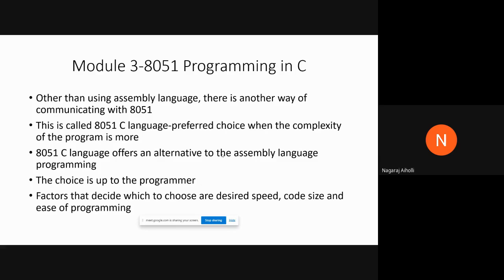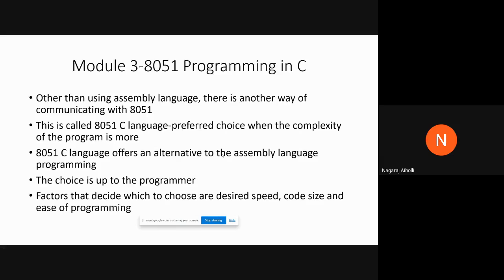There are two options here: one, to write the program in assembly language, or the other, to write the program in 8051 C language. So this is another way of interacting with the 8051 microcontroller. One way is to use assembly language, and the second method to interact with the microcontroller is to use C language.